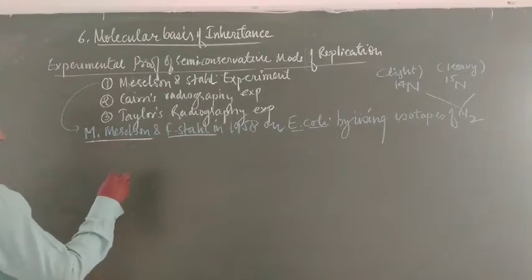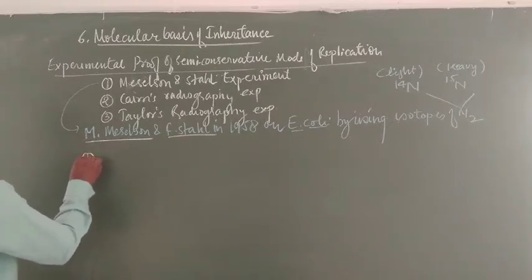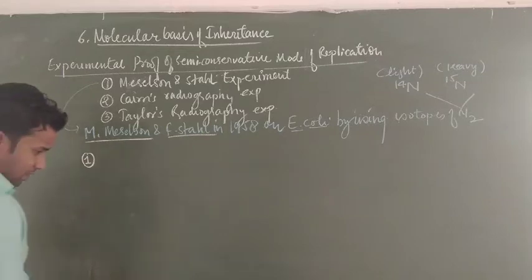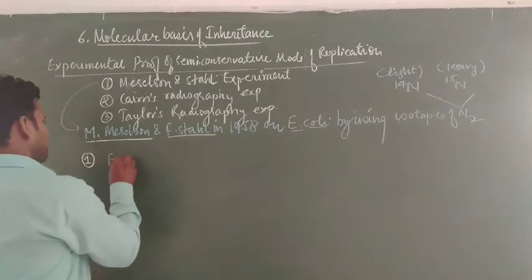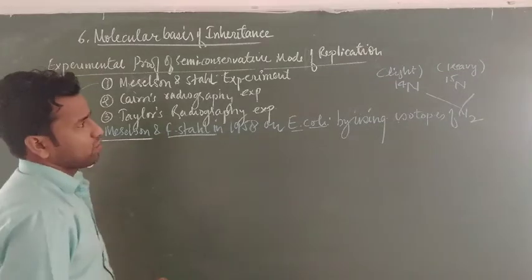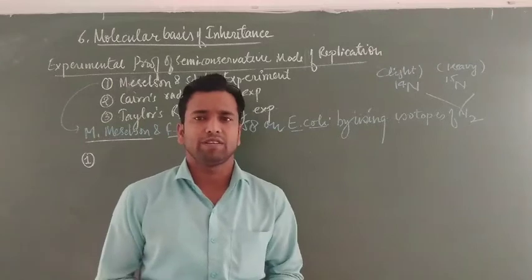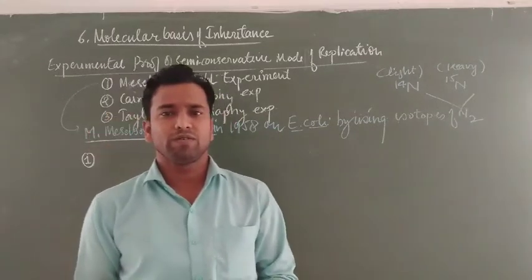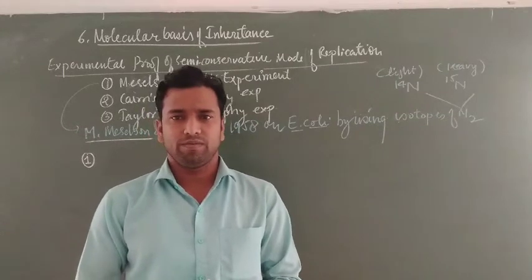Now, for performing the experiment, the bacteria, E. coli. First, to talk about E. coli, it is a bacterium having a lifespan of 20 minutes, meaning within 20 minutes this bacterium divides into two.